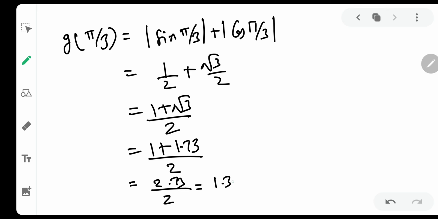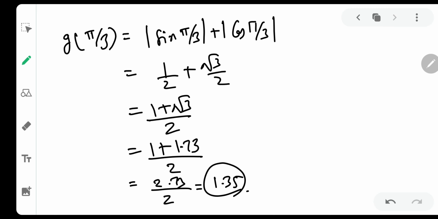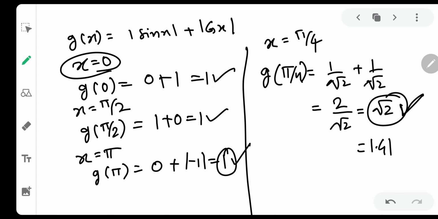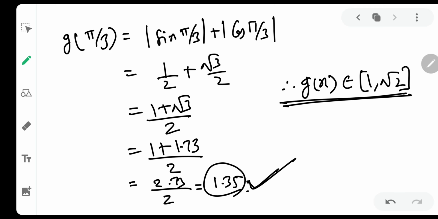So this will be 1.35. So you can see root 2 is nothing but 1.41. And by putting pi by 3, we have gotten the answer as 1.35. So that is still lesser than root 2. It means the greatest value has to be root 2 and the least value has to be 1. Therefore, the range of g(x) is nothing but 1 to root 2.